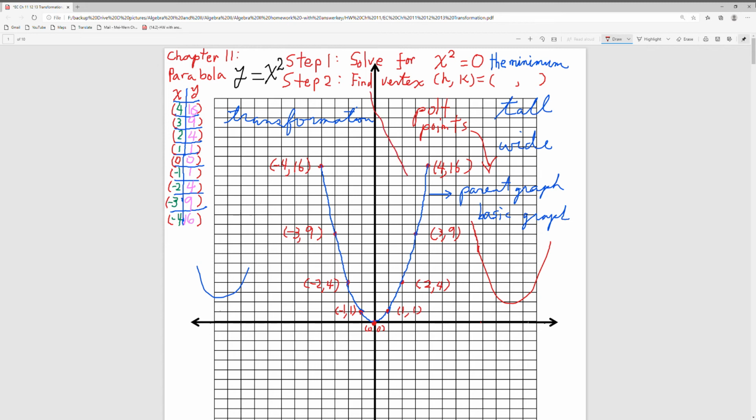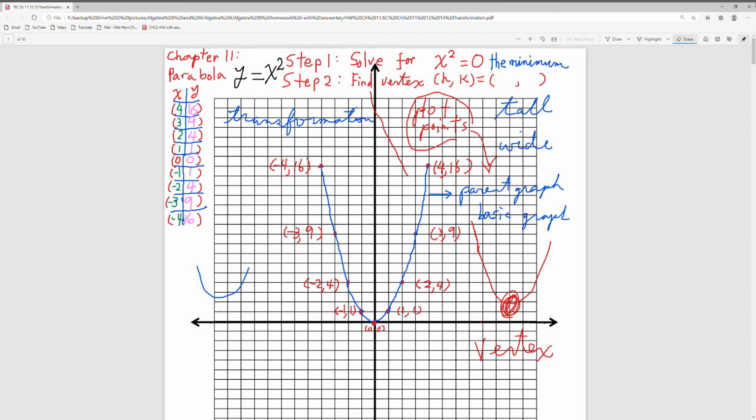What's the most important point you need to find? Basically, it is the vertex. If you only plot points to graph without finding the vertex, you are not going to graph the whole complete parabola.